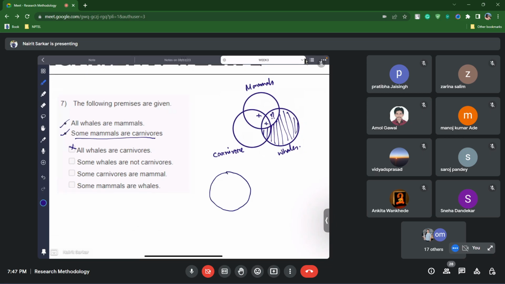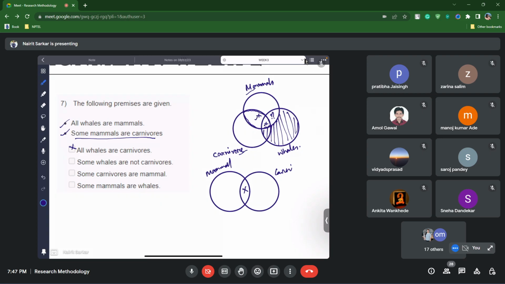Okay. So if I draw a circle for mammal and carnivore, some mammals are carnivores means X should be in the middle, right? But here in the Venn diagram, in the mammal and carnivore middle section, we don't know if the X should be here or here.